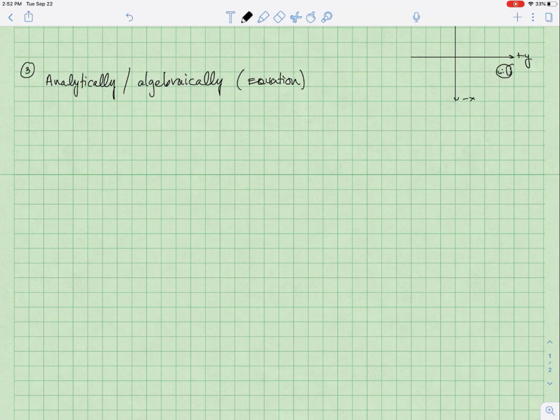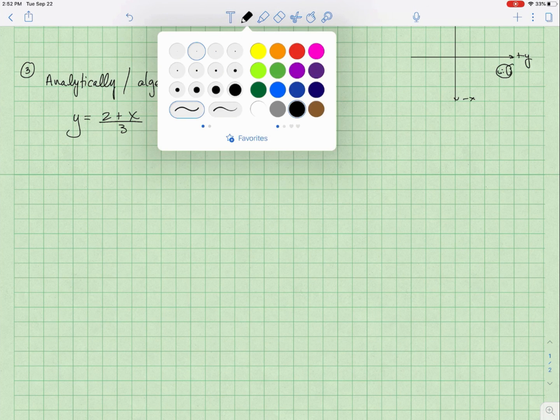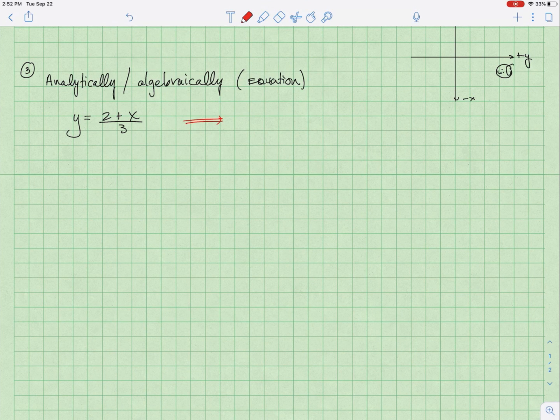And then analytically or algebraically, if I have something like y equals 2 plus x over 3, the inverse of that relationship, we're going to switch x and y wholesale, and so this is x is equal to 2 plus y over 3. And that's the inverse relation.